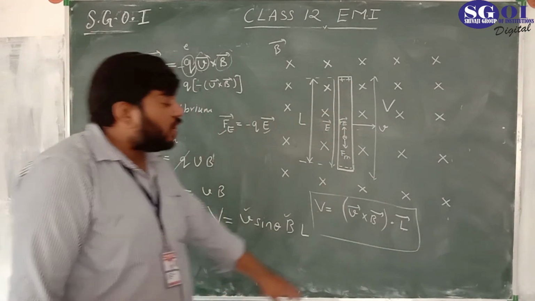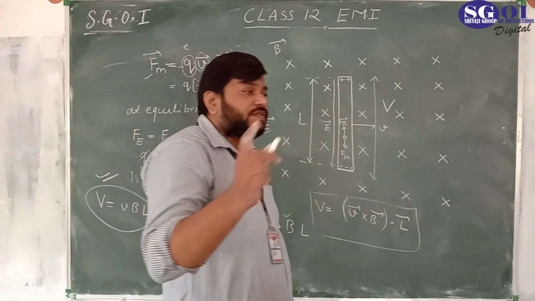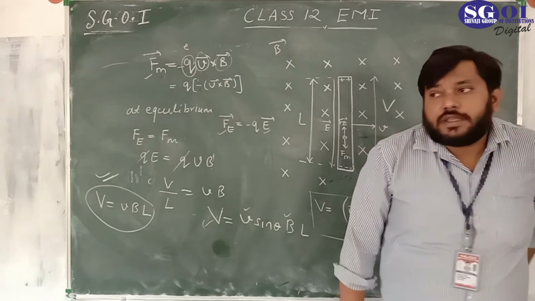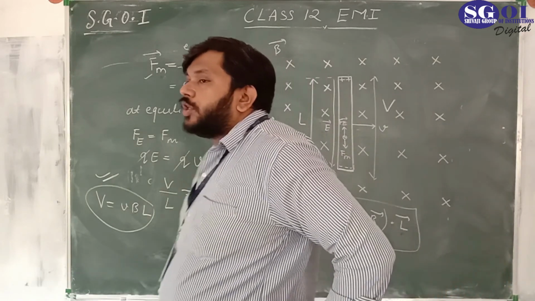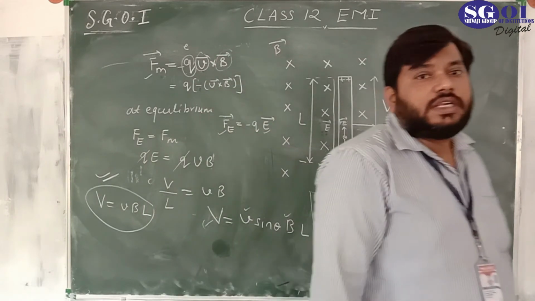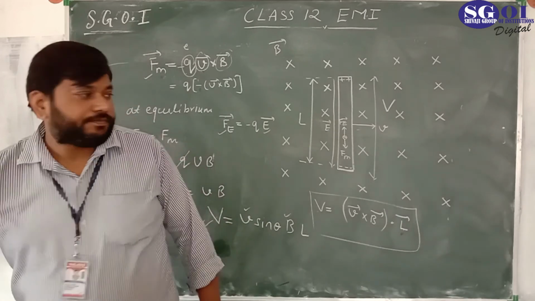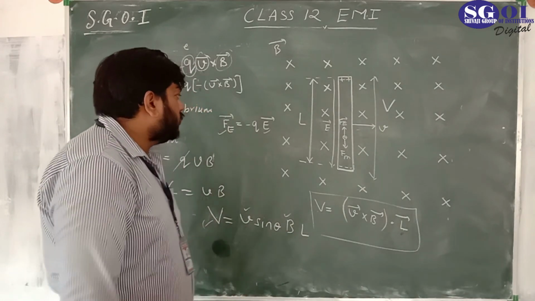The direction of L is always along the direction of the current, which we have seen in the Biot-Savart law, where the direction of dl is in the direction of the current. The same applies here. So this is the final formula.